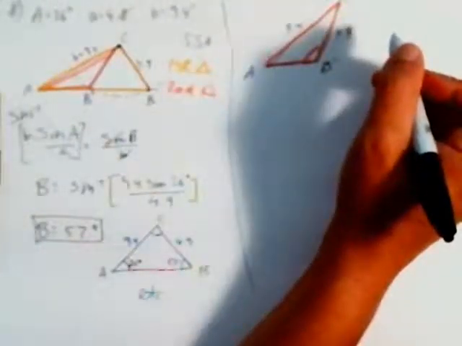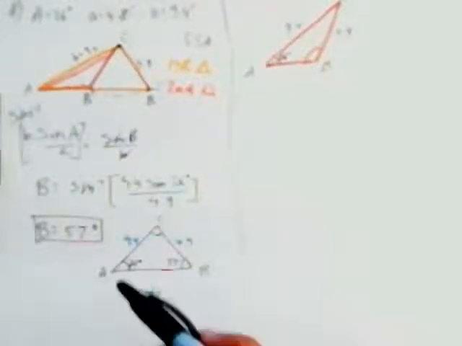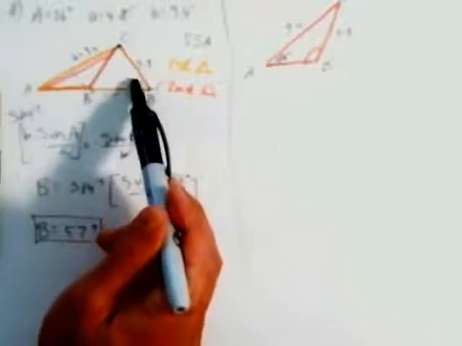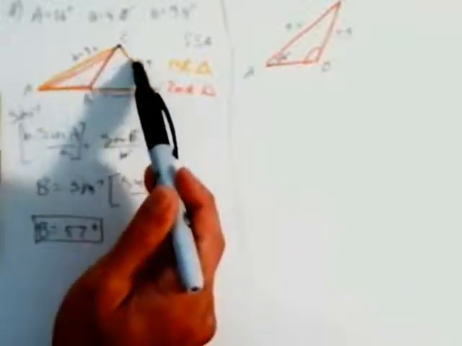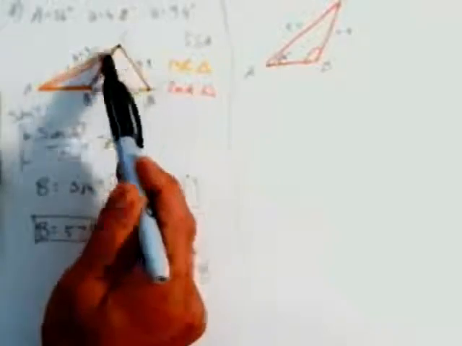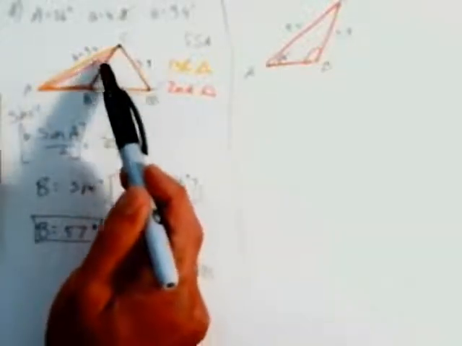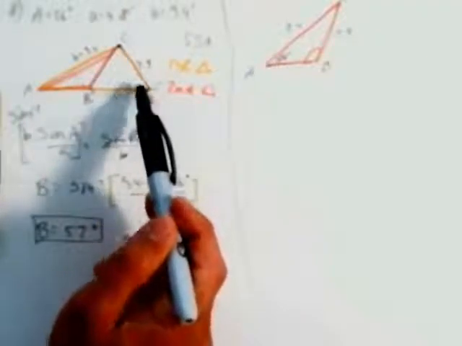It's fine. Doesn't really matter. What else do we have? That's it. Well, almost. We have this, which is 26 degrees. So using the hinge effect, we know something about this triangle right here. We found out this angle right here, which happens to be 57 degrees. We also know that this side is equal to this side because it's an isosceles triangle. This is 4.9, this is also 4.9, which means that since these are equal, the base angles are equal.